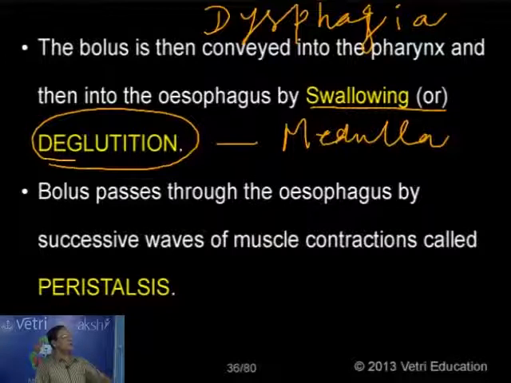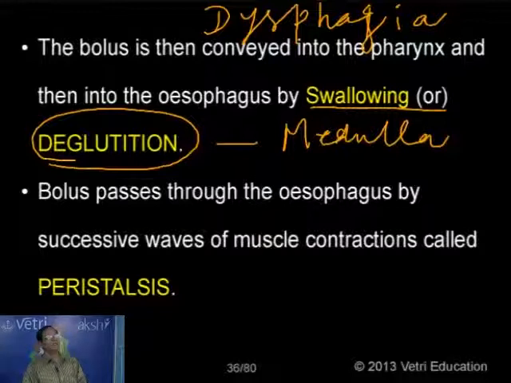So anyway, swallowing is a complex reflex activity. The center for swallowing is the medulla in the brain, which is localized in the hindbrain region. The act of swallowing is called deglutition, and when a person is unable to swallow, that condition is called dysphagia.